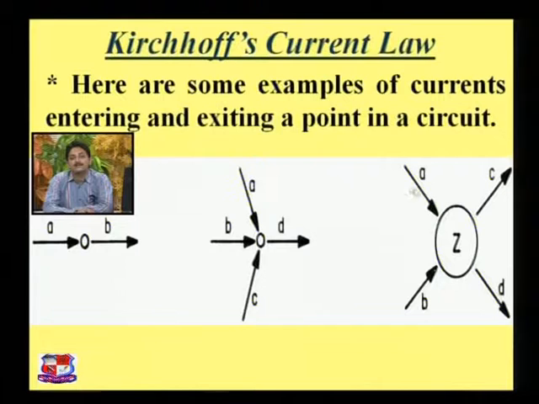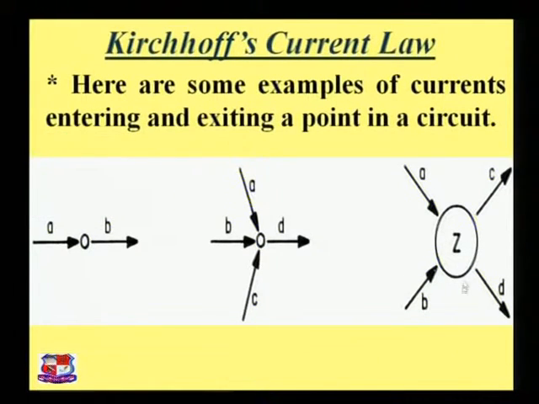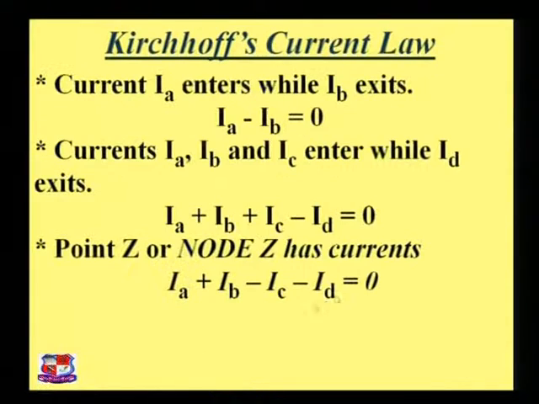As per figure C, current IA enters, so plus IA, IB also enters, so plus IB, but IC and ID are currents flowing out of the node, so they are both taken as negative. So IA plus IB minus IC minus ID equals 0. We can also write the equations like this: IA equals IB for figure A; for figure B, IA plus IB plus IC equals ID; and for figure C, IA plus IB equals IC plus ID.